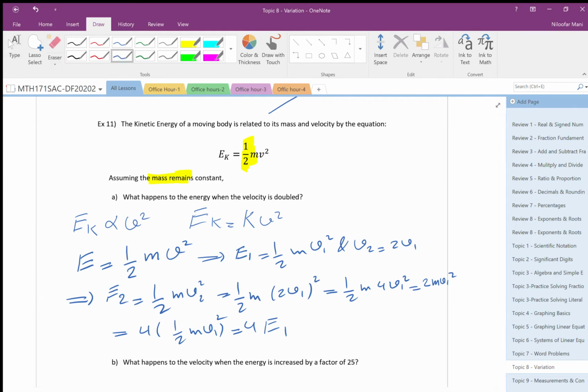E is 1 over 2 m (2v) squared, which is 4 times 1 over 2 m v squared, so it is 4E. So when v is doubled, energy is multiplied by 4.